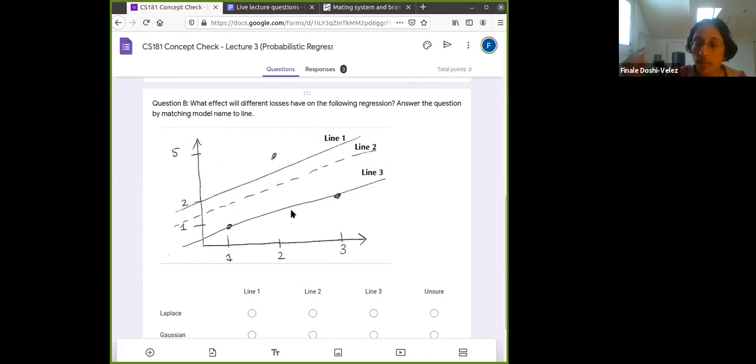This drawing is not numerically accurate, but it's conceptually accurate. So conceptually, which is going to be the line that's closest to the 2 points? Which is the line that's in between, and which is the line that ends up being pushed most toward the outlier point?